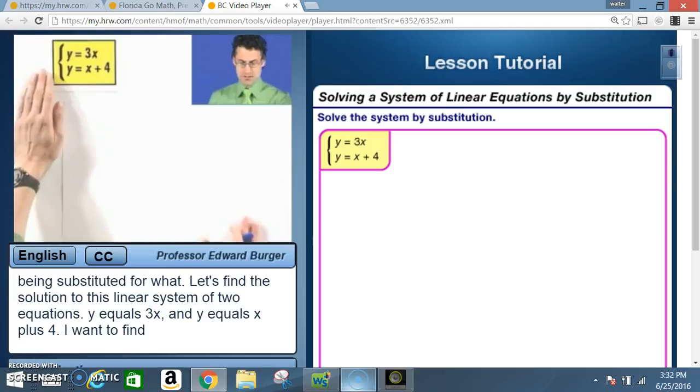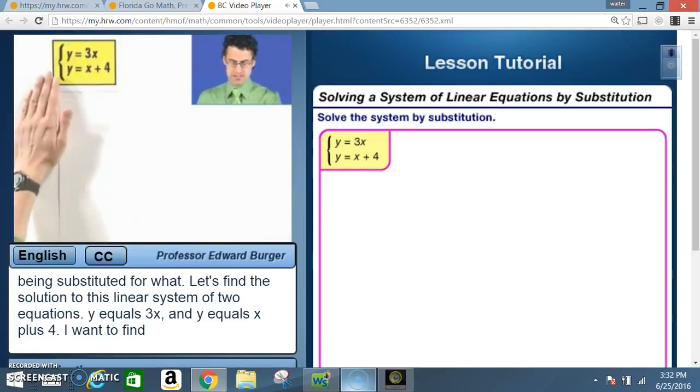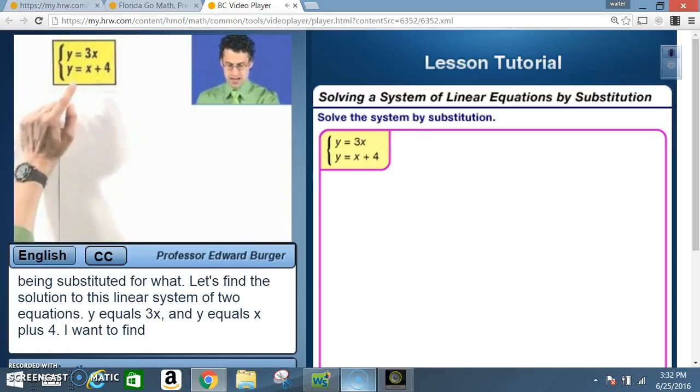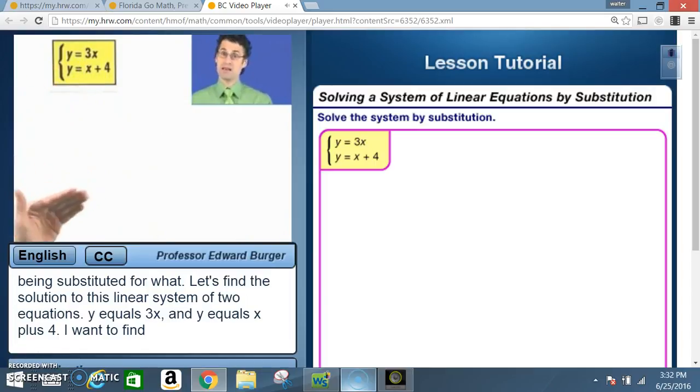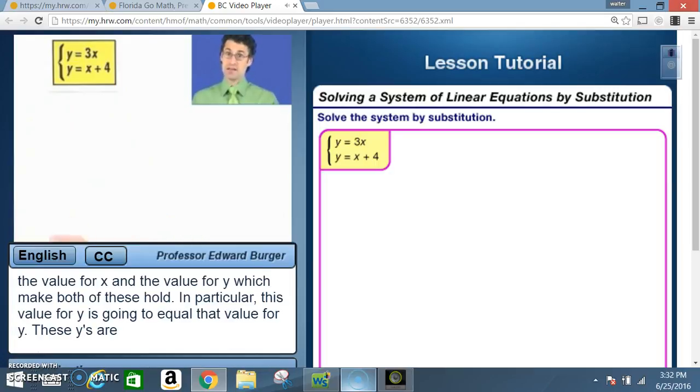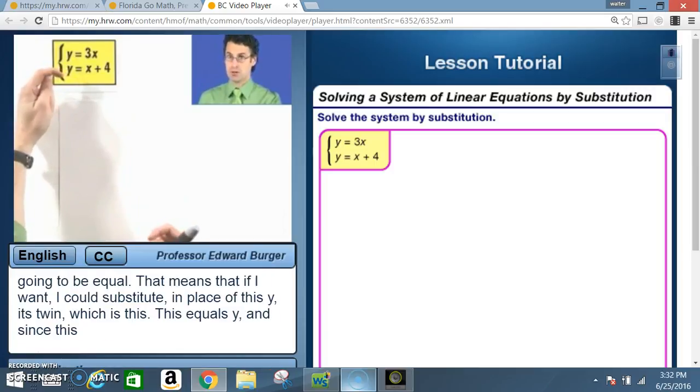Let's find the solution to this linear system of two equations, y equals 3x and y equals x plus 4. Well, I want to find the value for x and the value for y which make both of these hold. In particular, this value for y is going to equal that value for y. These y's are going to be equal.